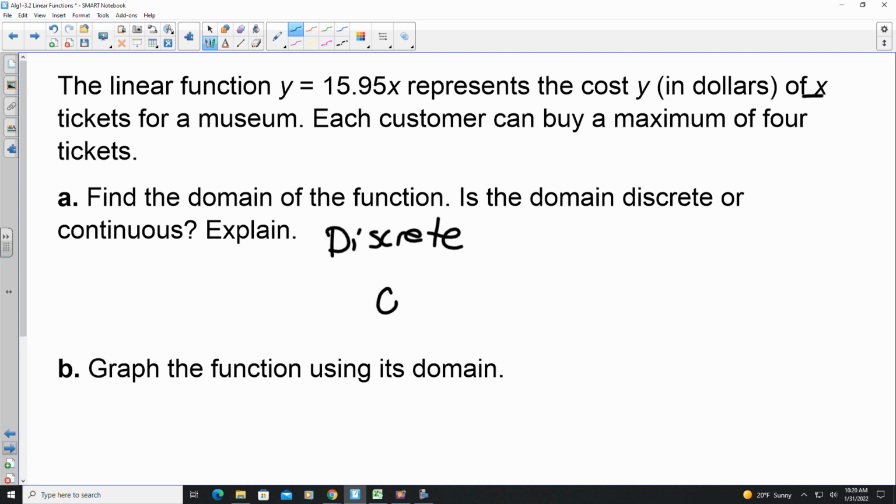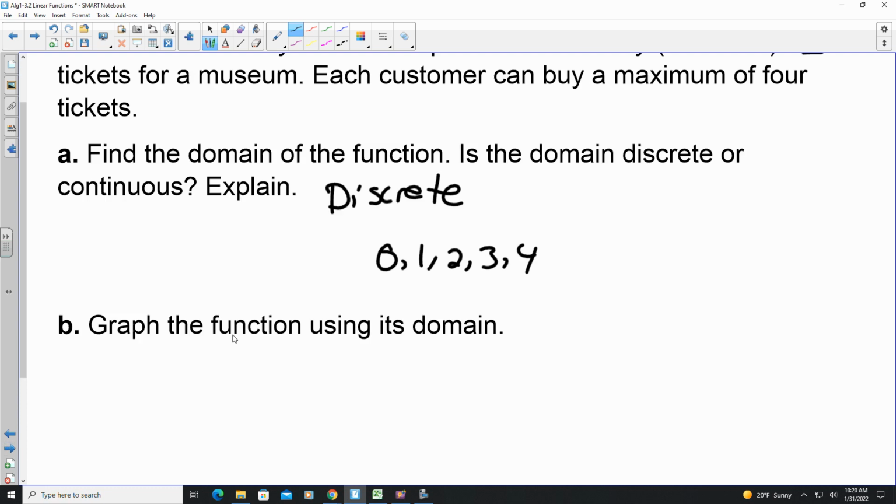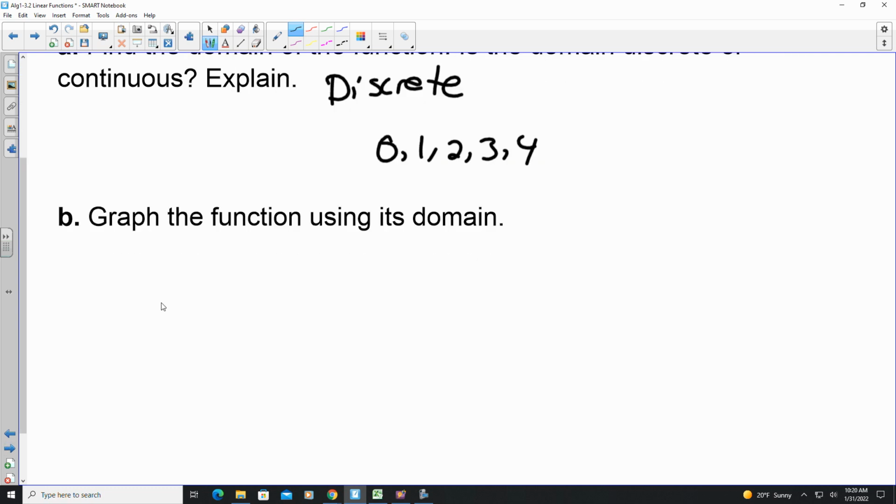So it'd be like 0, 1, 2, 3, and 4. So they're all going to be essentially positive integers. And then it's asking you to graph the function of its domain.